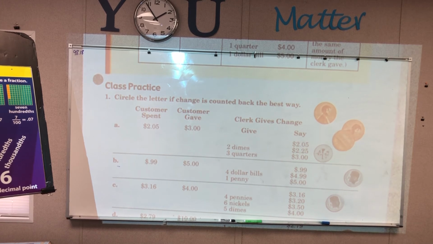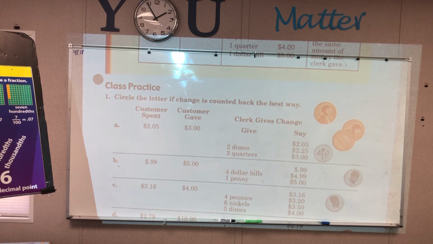Remember, the best way is to start with the lowest amount of money, the fewest number of coins, and starting with the smallest denomination first. So, the customer spent $2.05. He gave them $3.